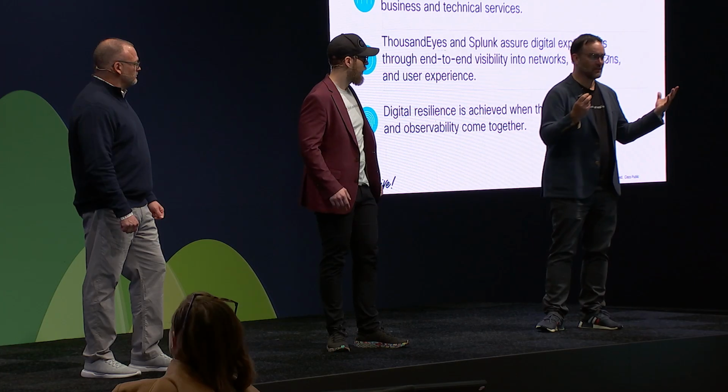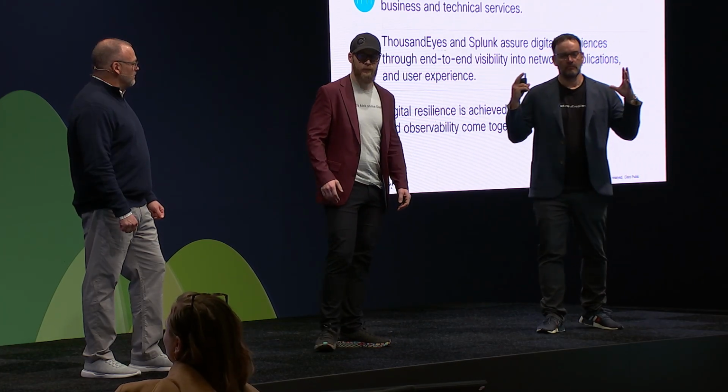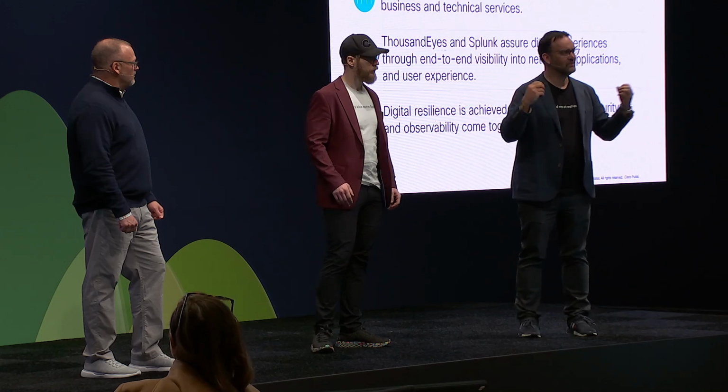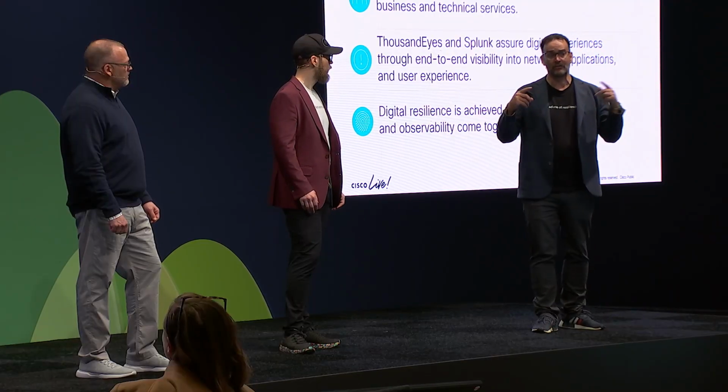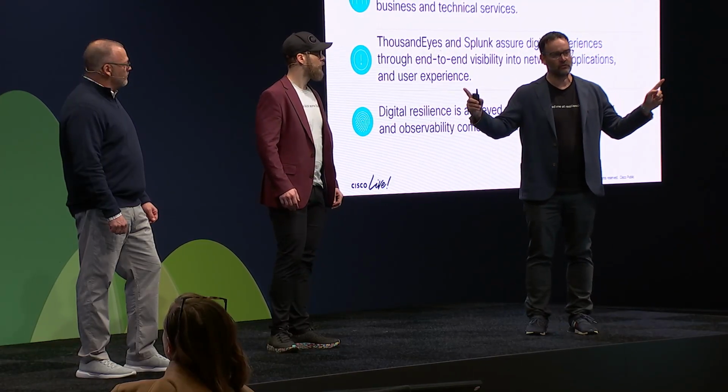Great. So yeah, I think what we've shown here is, by looking at how we bring data together for digital resilience, now we can actually achieve what every customer has asked for a long time, which is how do we correlate what's happening with the business to the supporting infrastructure. And the second part is really how we can actually measure the user experience. So it's not just about the network and the routers in particular, it's actually looking at it from a user experience perspective.